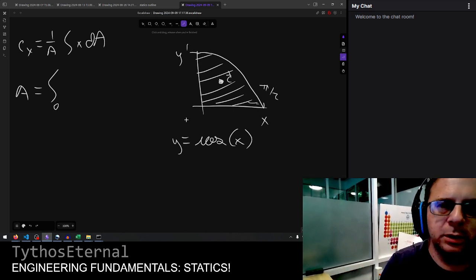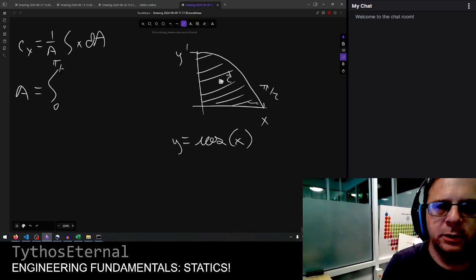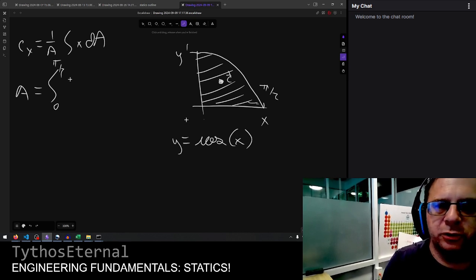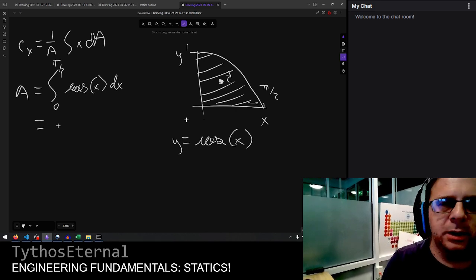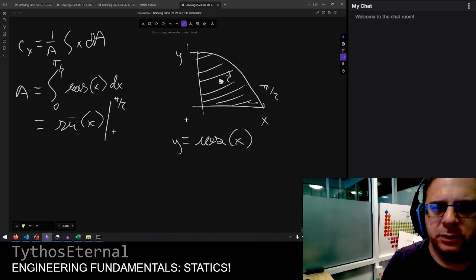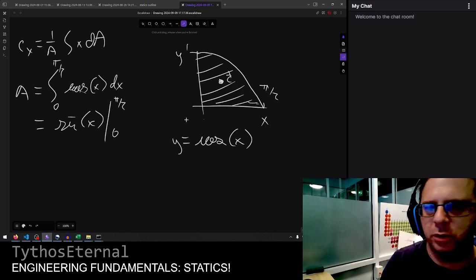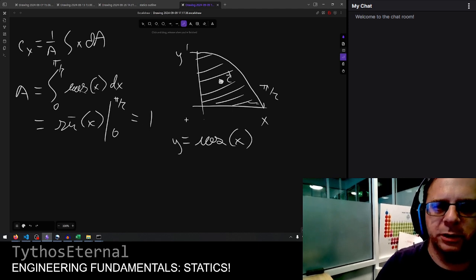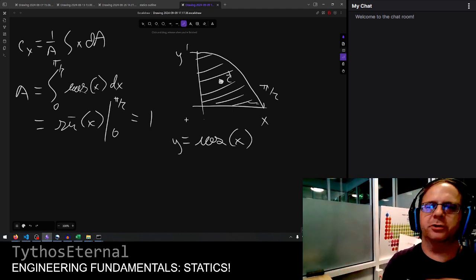This is 1. So if we integrate from 0 to pi over 2, cosine x dx, we'll know the area under that curve. That is sine x evaluated at pi over 2 minus sine x evaluated at 0, which is 1. Okay, so no big surprises here, right?